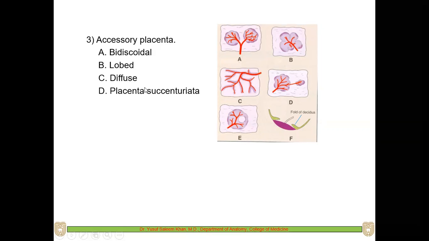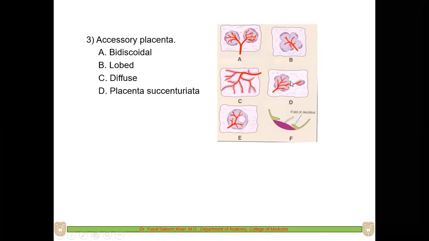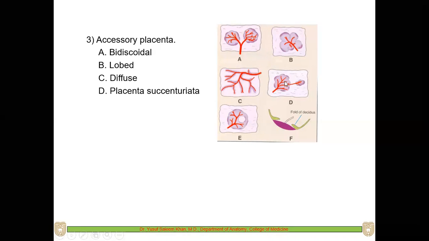Sometimes the placenta is called placenta succenturiata, where a normal placenta is present, along with that a small additional lobe. It is not bilobed. In bilobed, there are two complete placentas of almost the same size. But here one placenta is normal and big, but a small additional placenta can be seen away from the center.